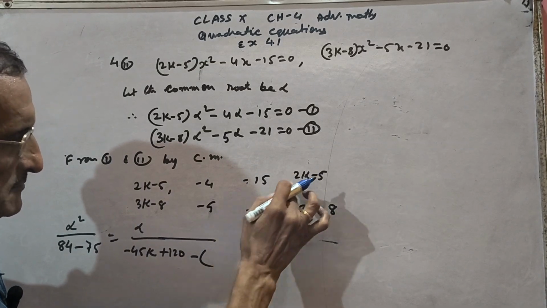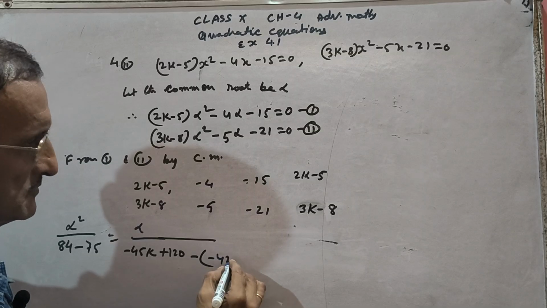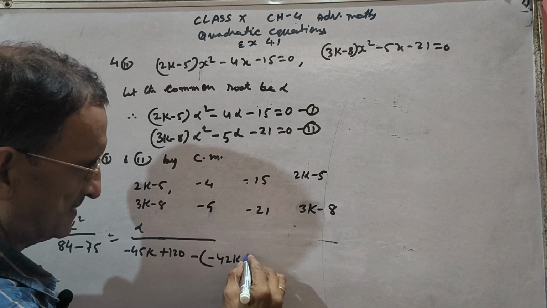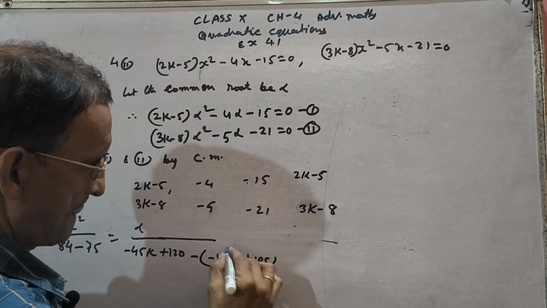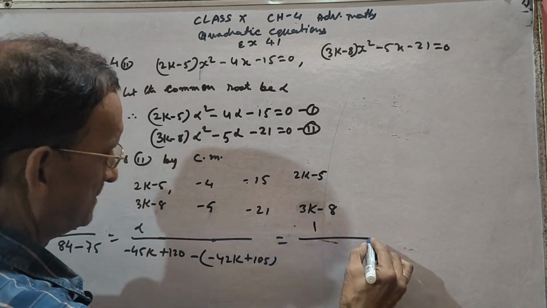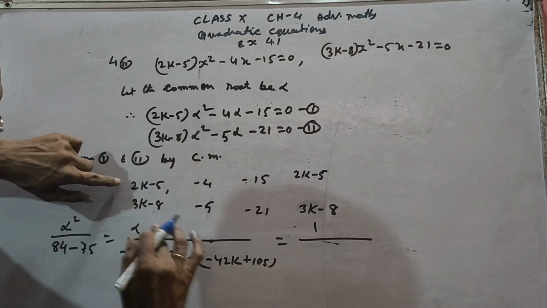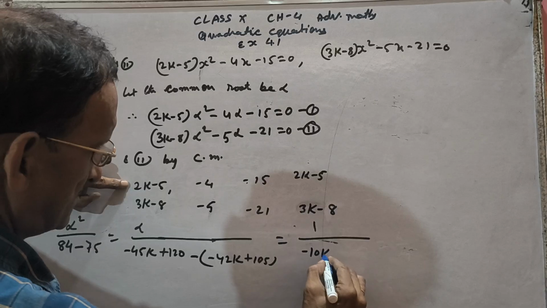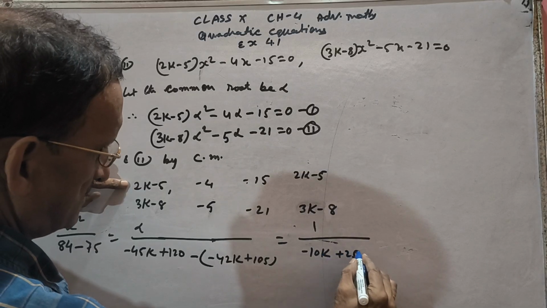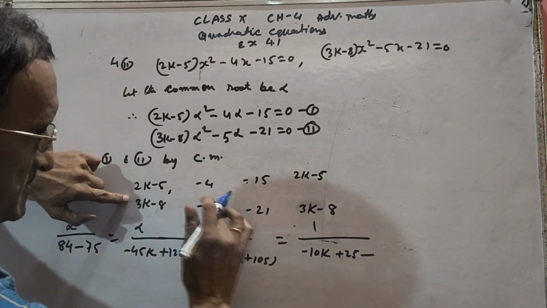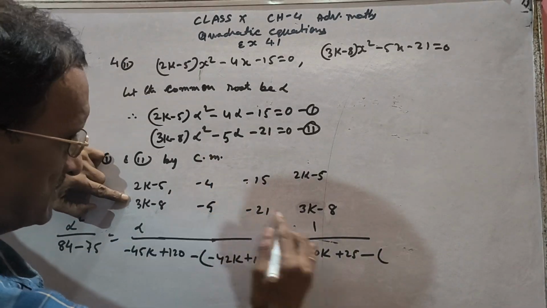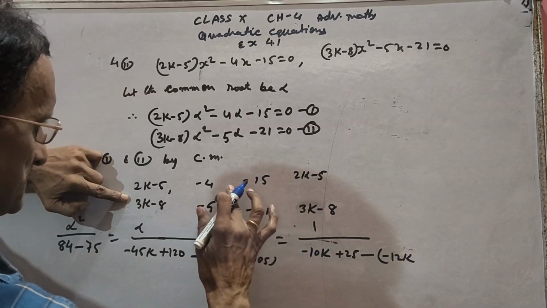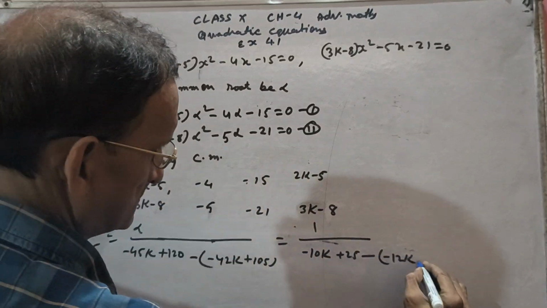So 21 times 2 is 42k, minus minus plus 105, is equal to 1 by first 2. So multiply here, 5 times minus 2 is minus 10k plus 25, minus this into this, 4 times 3 is minus 12k plus 32.